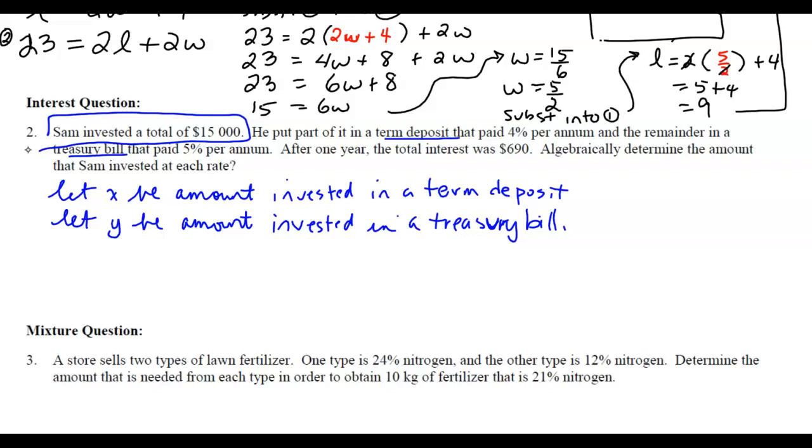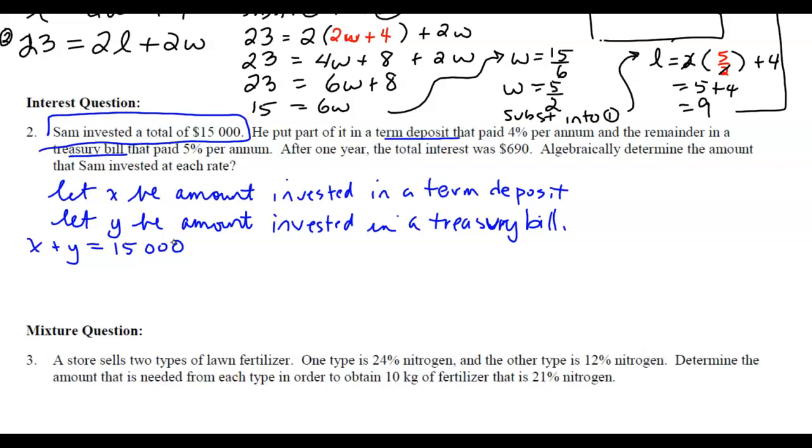Total means add. When you go to the checkout, they give you the total bill. They've added all the prices together. So that means X plus Y equals 15,000. Don't have to include the dollar sign in your equation. I wouldn't. It gets messy. Include the dollar sign or the unit at the end in your statement.